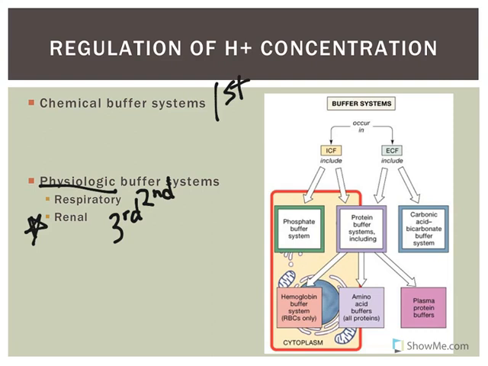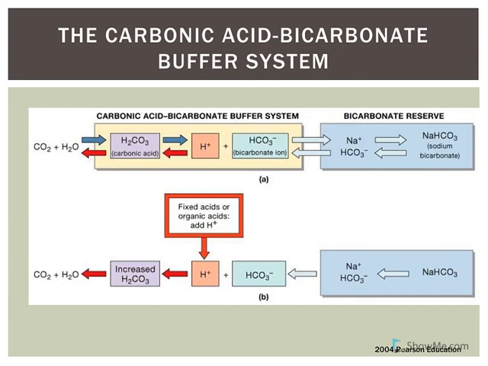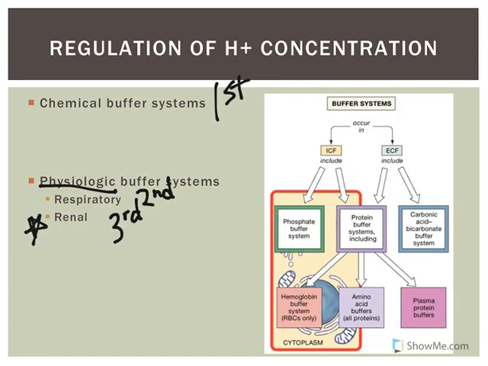So we have these buffer systems that are in place to prevent drastic changes in pH of either your intracellular fluid or your extracellular fluid. And you see some examples written for you here. Before I do that, when you have a chemical buffer system, it includes a weak acid and its conjugate base.